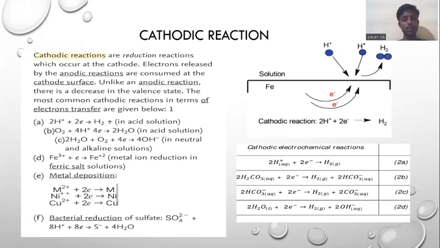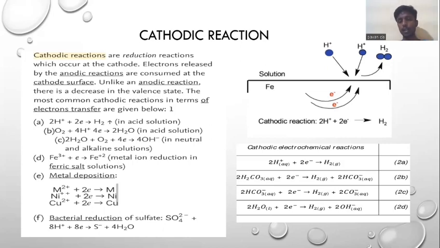Bacterial reduction of sulfate: SO4 2- plus 8H+ plus 8 electrons gives S2- plus 4 molecules of water. As you can see in the diagram, it is a cathodic reaction of ferrous. First the solution, then H+ comes and goes, then the cathodic reaction 2H+ plus 2 electrons gives H2.